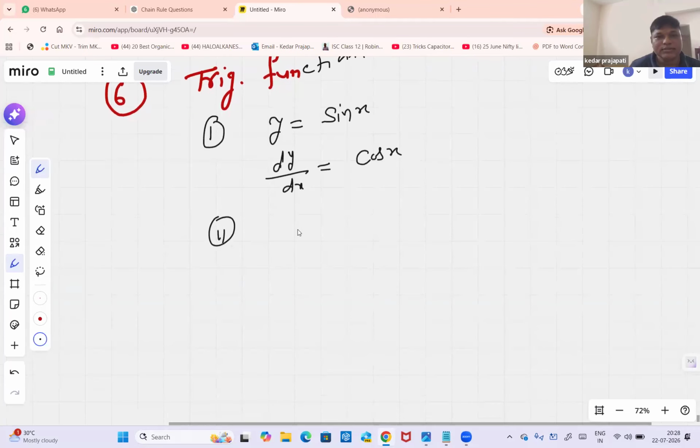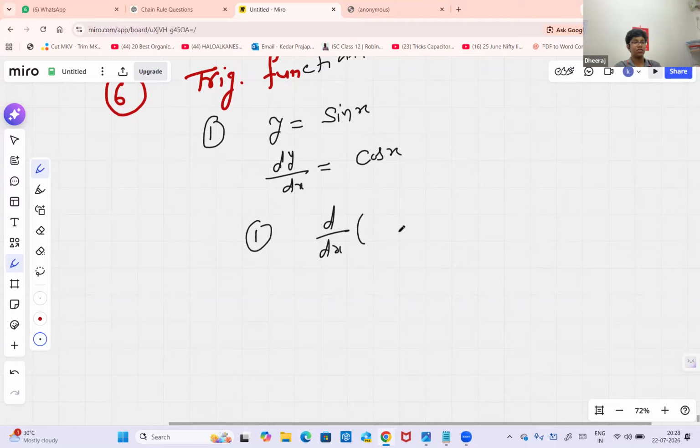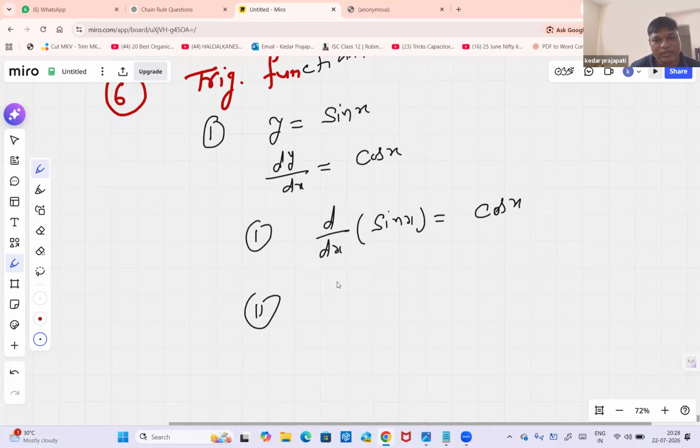So directly I'm just giving you the formulas now. d by dx of sin x equal to cos x. What will be the next quantity? d by dx of cos x is minus sin x, right?